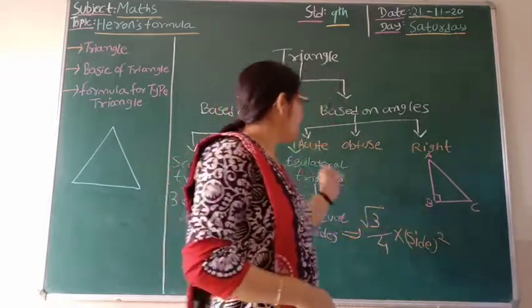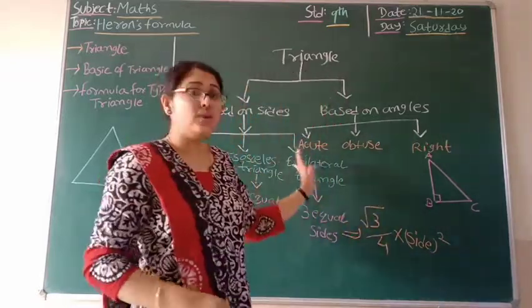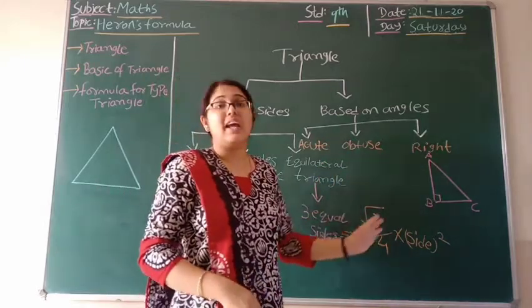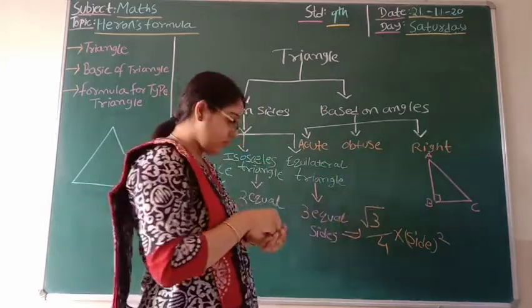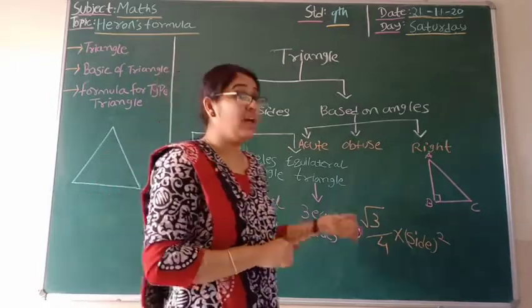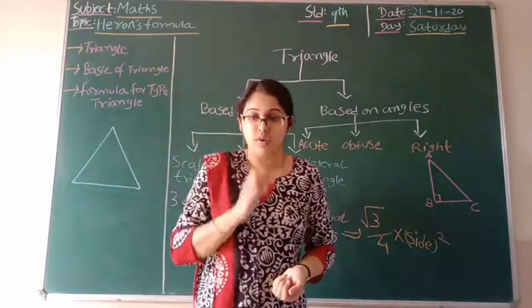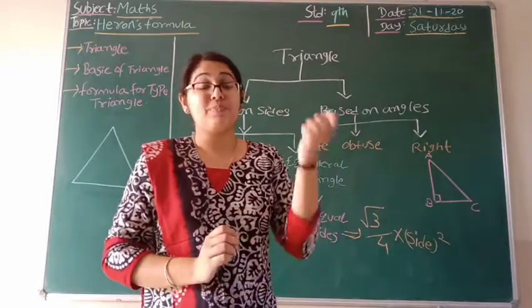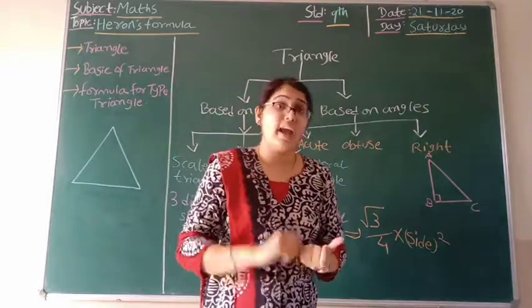Right? So this is how we can understand the acute angle, obtuse angle, and right angle triangle. Now the one thing remaining is the formula to find the area of the right angle triangle, and we all know it.